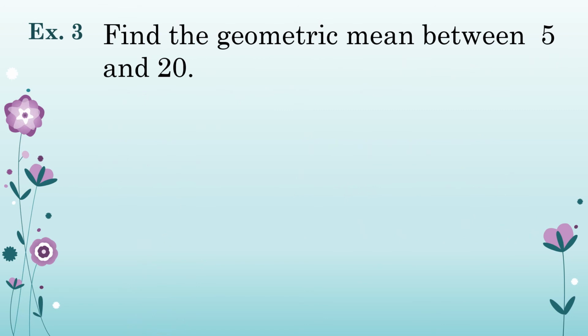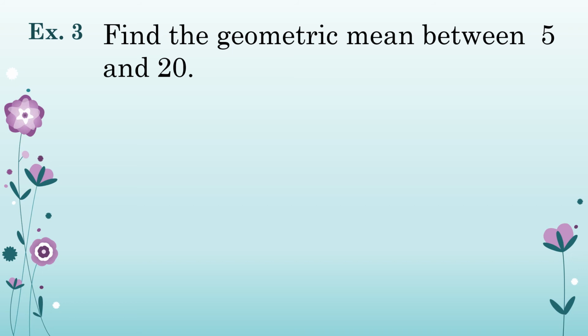What if we are only finding for a geometric mean? For example, this one. Find the geometric mean between 5 and 20. So we're simply finding one term between the other two. Are we going to do the same process? Well, let's try first. So in this case, our a sub 1 is 5 and 20 is our a sub 3.